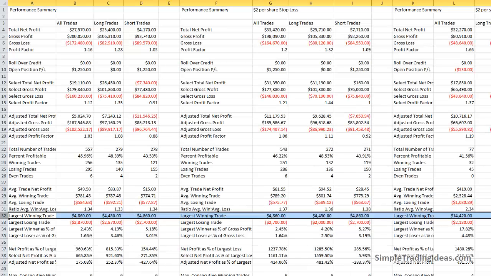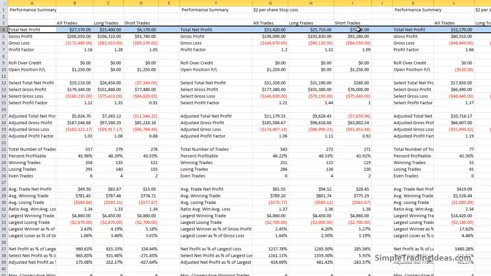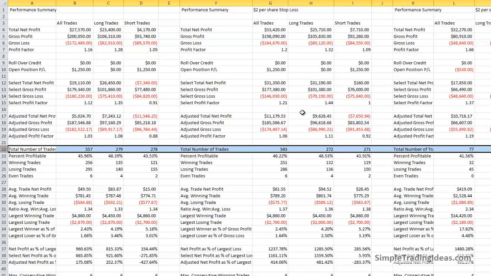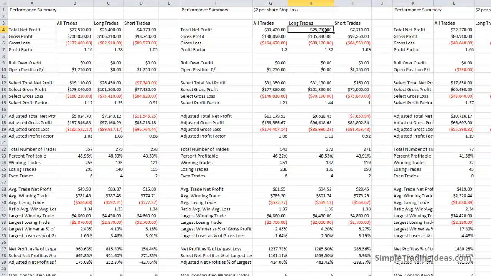Okay, so what I want to do here is go back to the total net profit and make a real quick correction. When we were talking about the total number of trades, I referred to this figure as the total net profit for all trades, which it wasn't in this case.